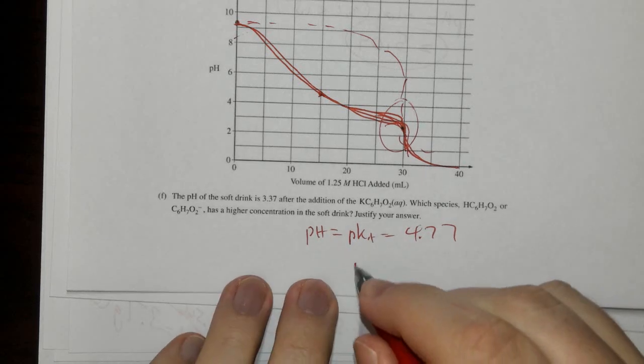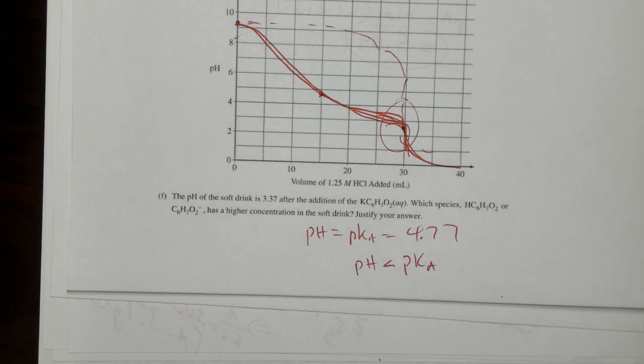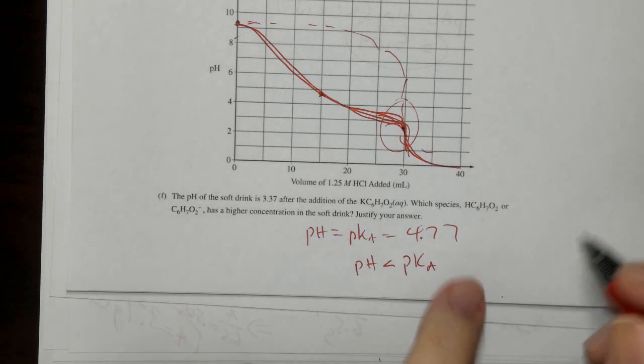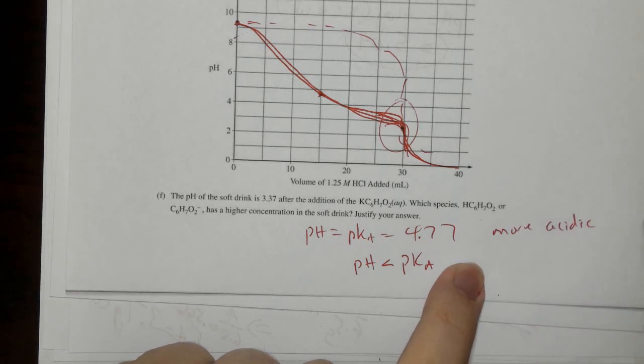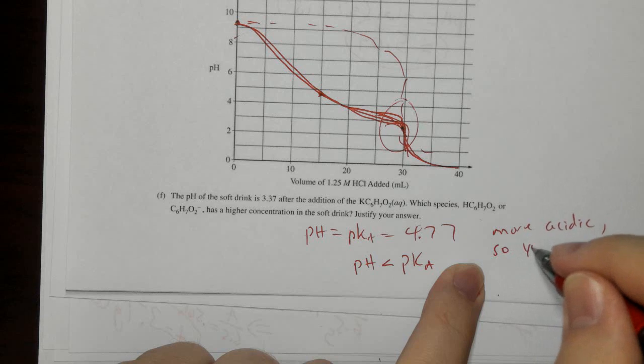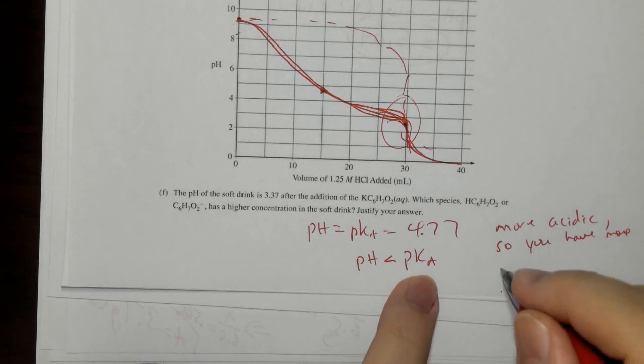But if the pH is less than the pKa, just use common sense. It's more acidic, so you know which one you have more of. It's going to be the acid.